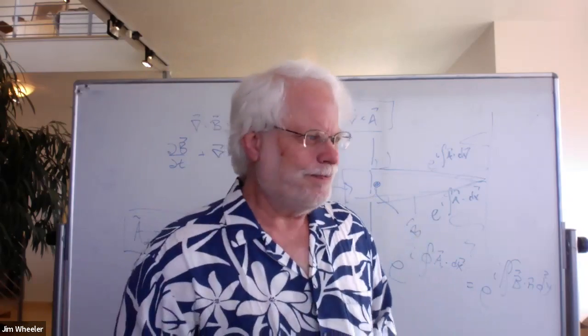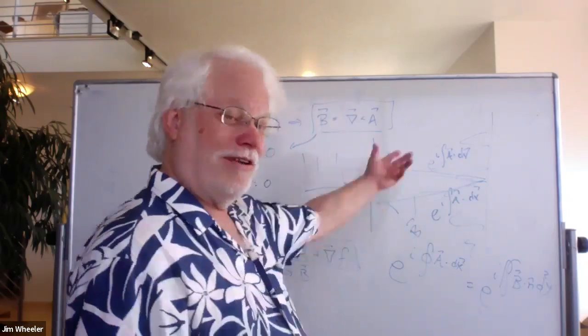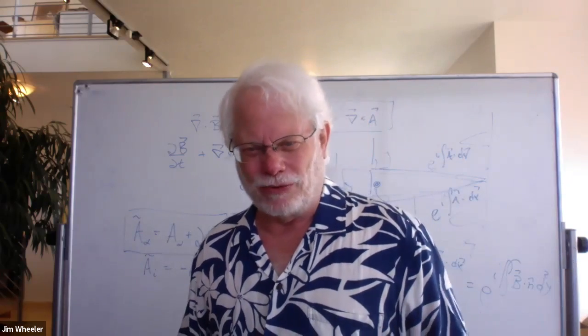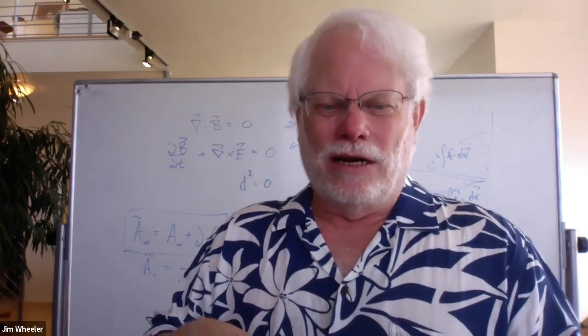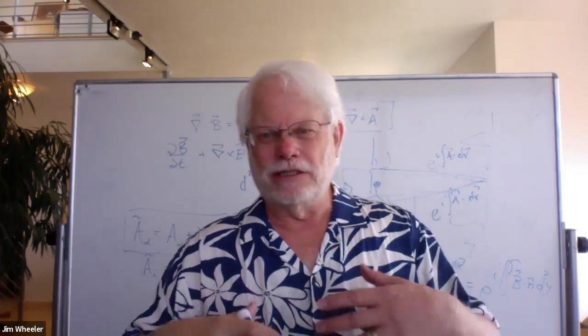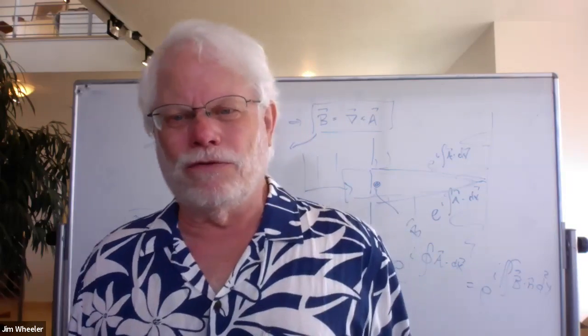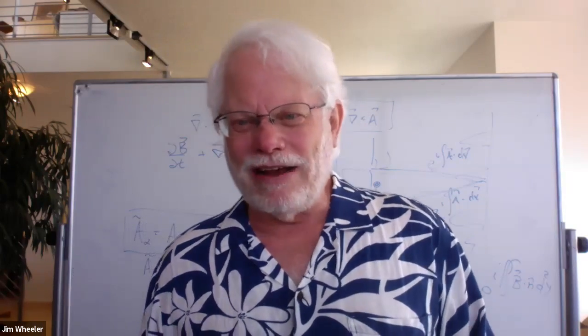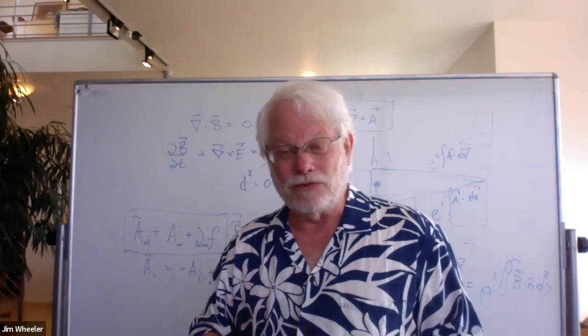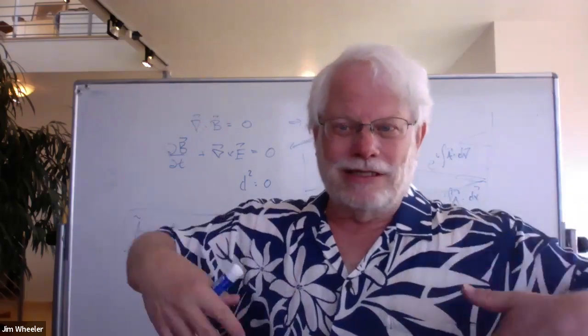So don't let people tell you that the vector potential is a real thing. Potentials are only defined up to transformations. For Newtonian gravity, the gradient of the potential is the force. Well, that potential is arbitrary.